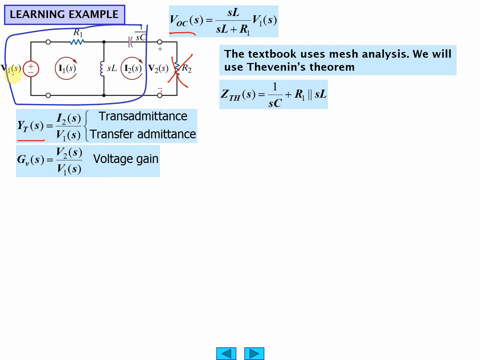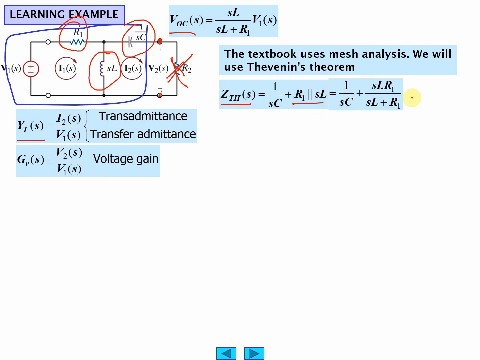ZTH, you can short V1 and look at the impedance between this terminal and this terminal, not including R2 again, to get ZTH, which is just this in series with the parallel combination of this and this, which is what this expresses.